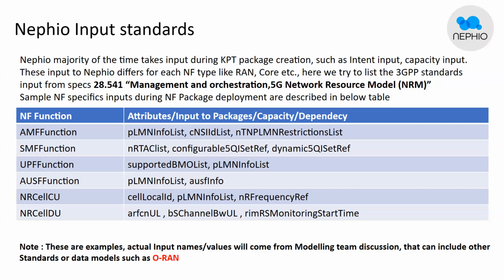Yes, during the CSAR package creation. Okay, so why isn't something like SOL 3 or SOL 5 from ETSI an input standard to this? I see you got the NRM, right? Okay, yeah, fine. That's just a model of those elements.